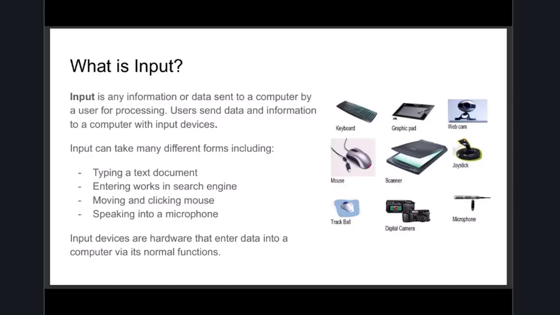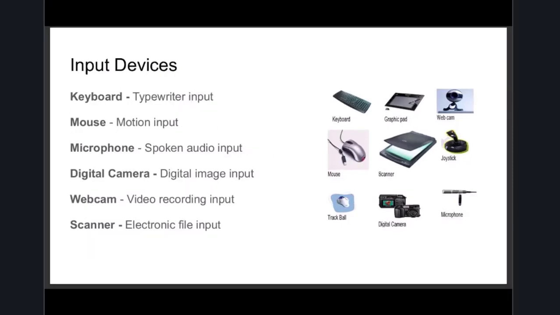Let's take a look at some common input devices. The first, and perhaps the most common type of input device, is a keyboard. A keyboard is what we call typewriter input. It allows a user to use the different keys to input letters, words, and symbols that a computer can process and display on a screen.